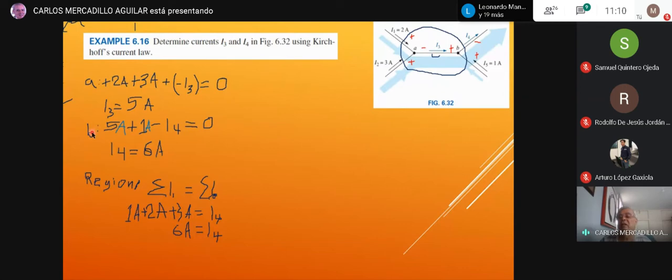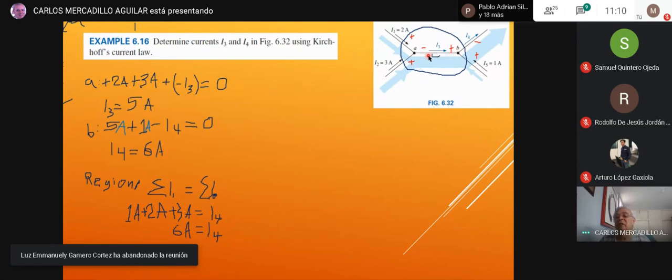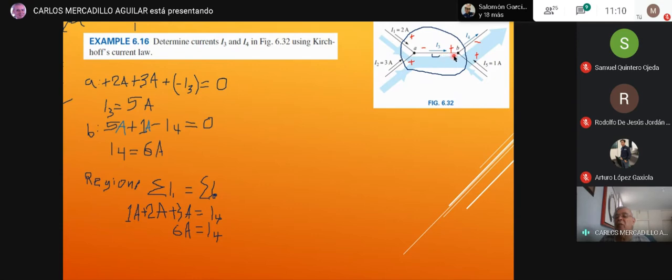Now let's analyze the node B. Note that for node B, the same current I3, in this case, is an incoming current because it's going into the node. So in this case, it's positive.